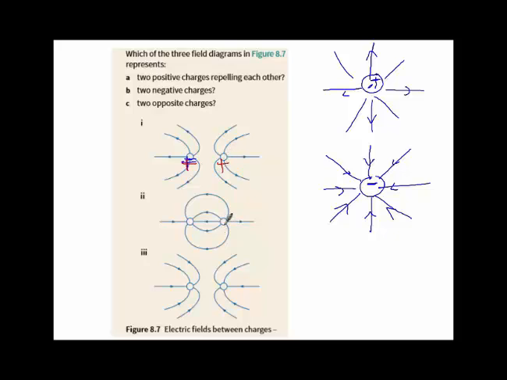Here there are lines going from one charge to the other. And we know that they should be directed from positive to negative, coming from the positive going toward the negative. So this should be positive, this should be negative. Again, these are two similar charges, and lines are going toward the inside of the charge. So they should be negative and negative.